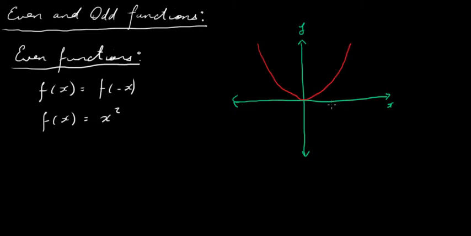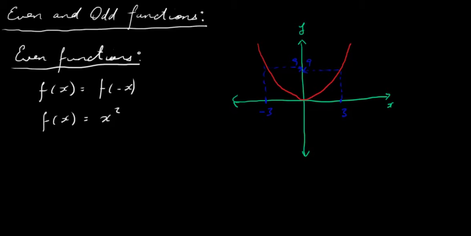Okay, so you can see here that, for example, let's take this x value here, let's say 3. If you put 3 into our function here, you'll get 9 out. Also, if you take minus 3 here, put that into your function, you'll also get 9.